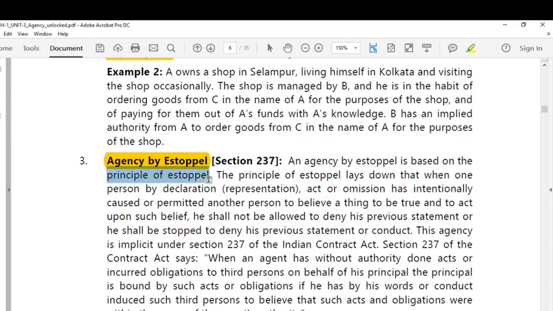The principle of estoppel lays down that when one person by declaration, act, or omission has intentionally caused or permitted another person to believe a thing to be true and to act upon such belief, he shall not be allowed to deny his previous statement or conduct. So, this agency is implicit under Section 237 of the Contract Act.